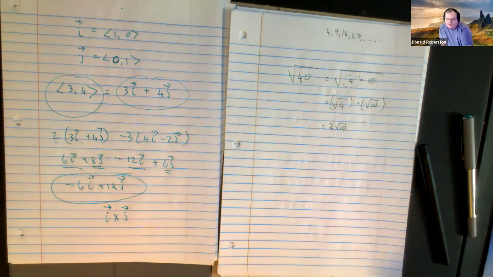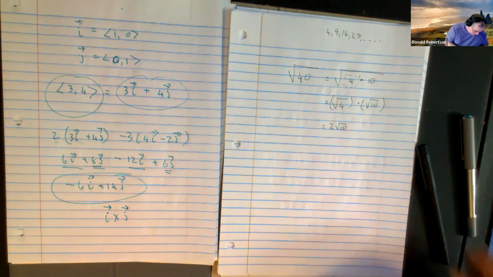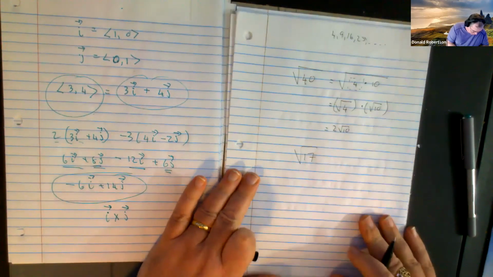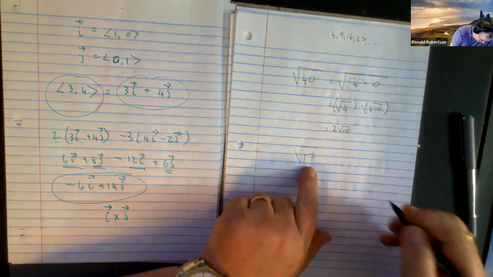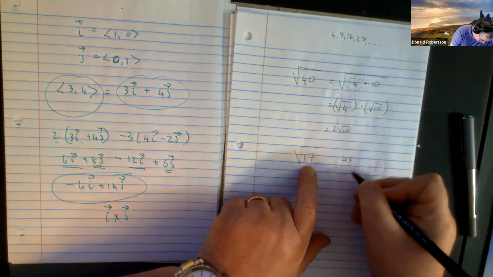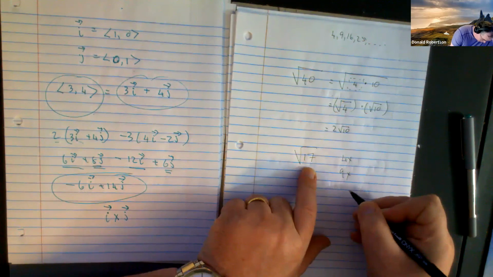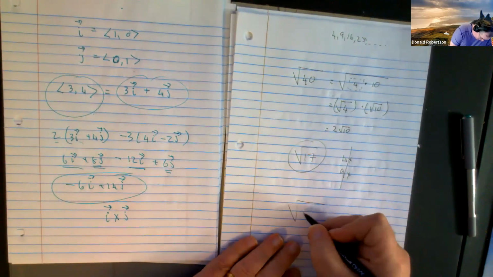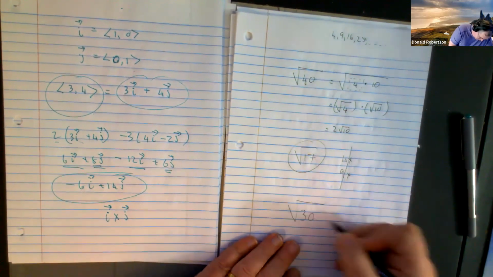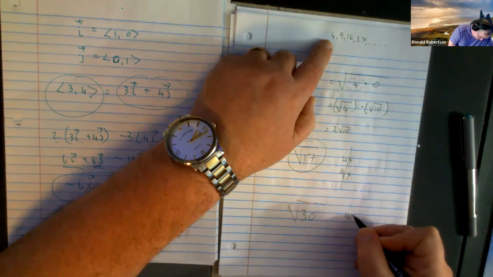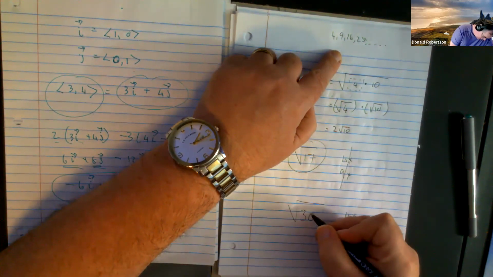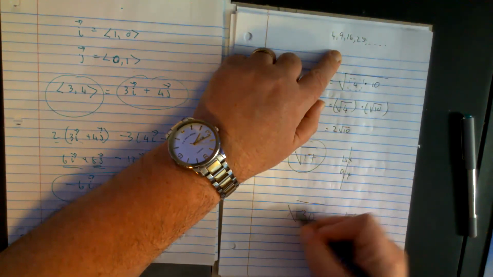There are a lot of questions that can't be simplified. So if I was doing the square root of 17, I would do, well, it's either 4 times something or it's 9 times something. That ain't going to happen. That one's good. On the other hand, if I was doing the square root of 30, I would say it's 4 times something, it's 9 times something. 30 is a bad choice, actually. Let's make it 32?